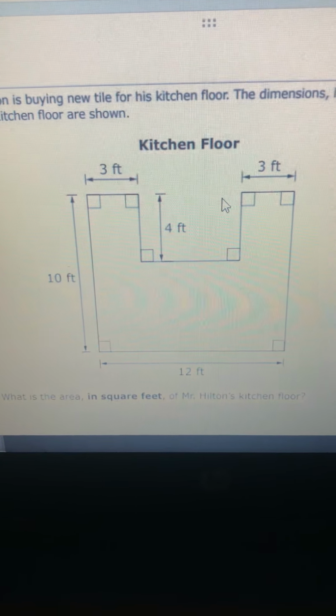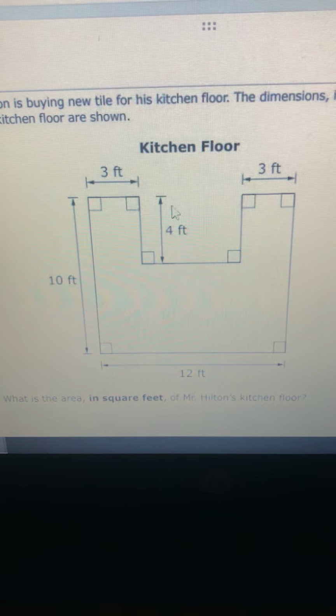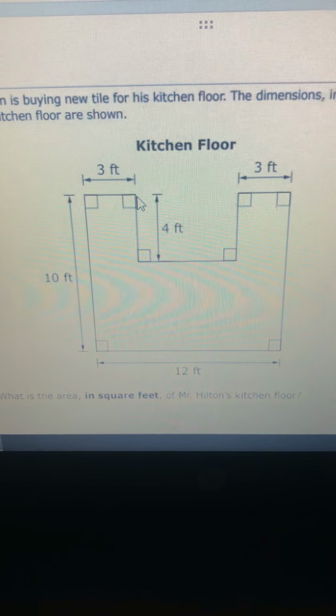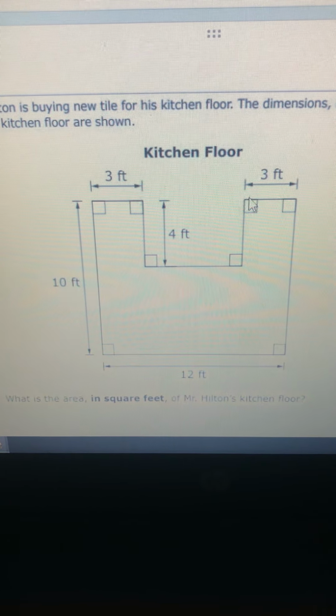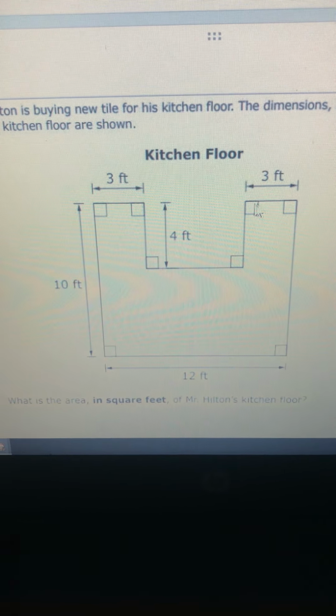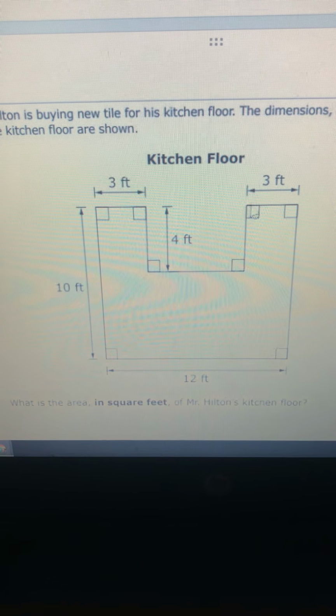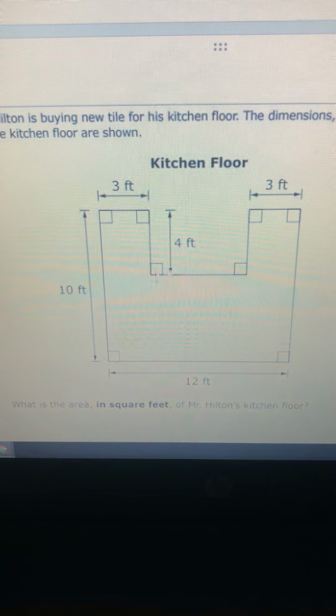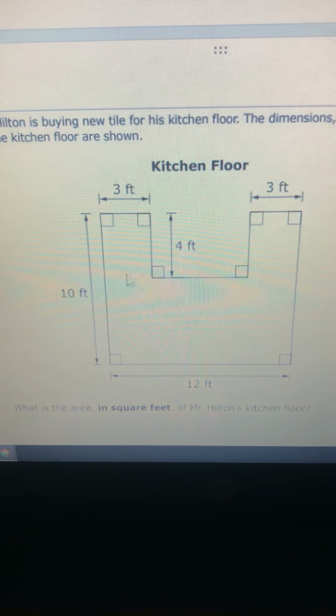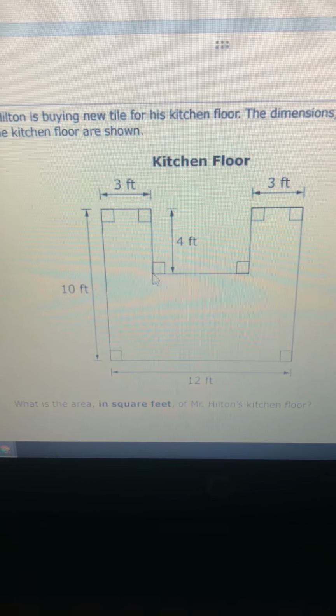So what we could do is imagine, what is this square length right here? What is that top part? So what does this give us right here? Right? So what do we have to do? There's a couple things that you could do.